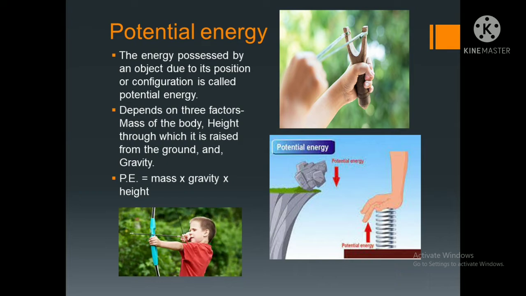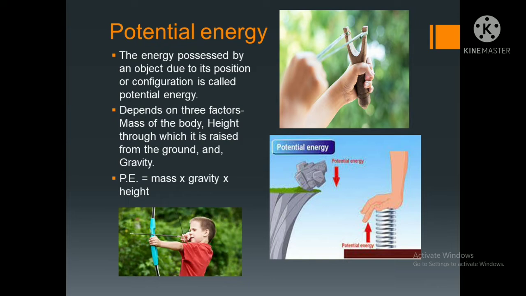Kinetic energy depended on two things, but here it depends on three: the mass of the body, the height through which it is raised from the ground, and gravity. Potential energy is equal to mass into gravity into height.